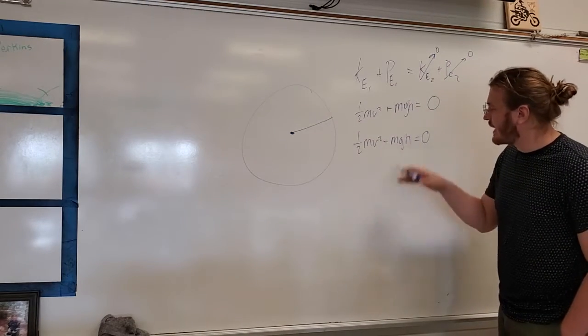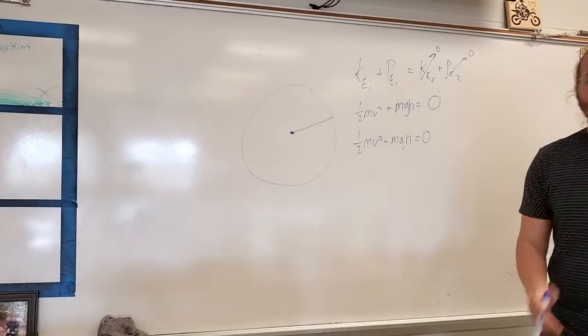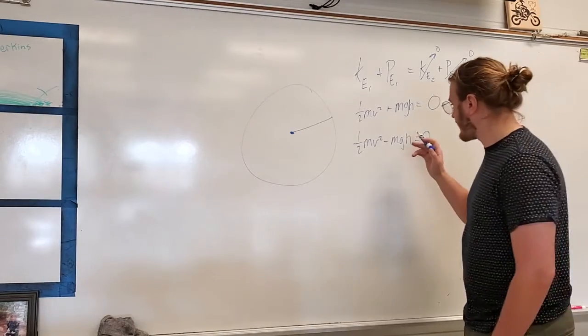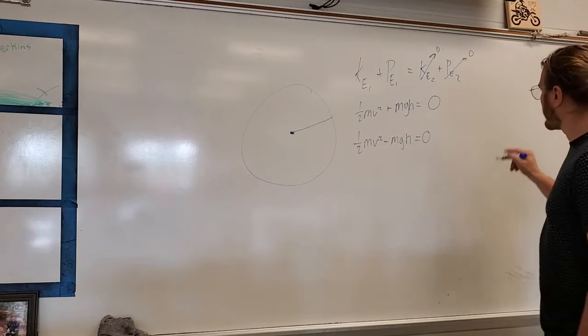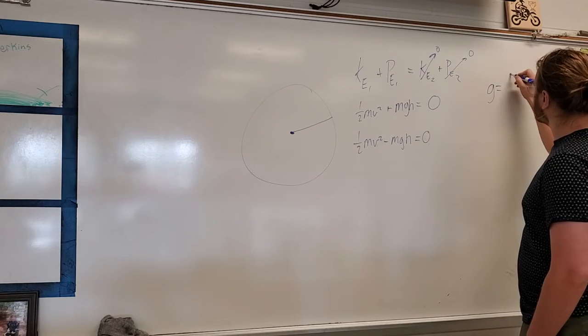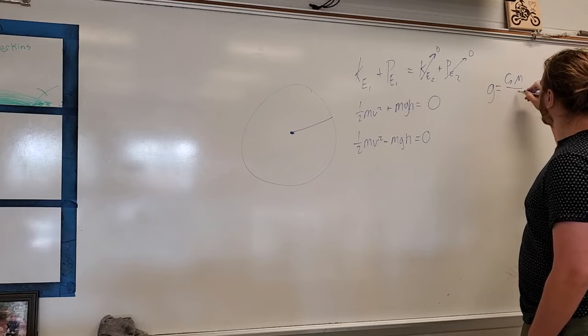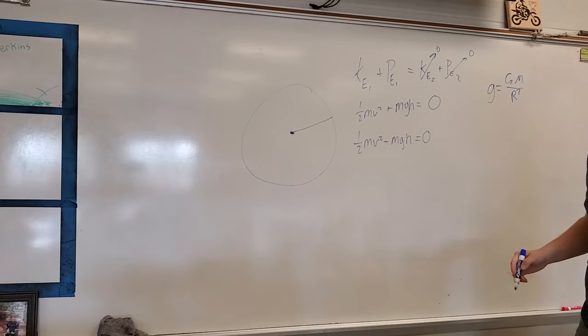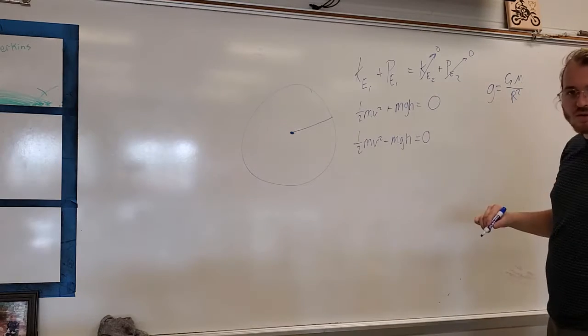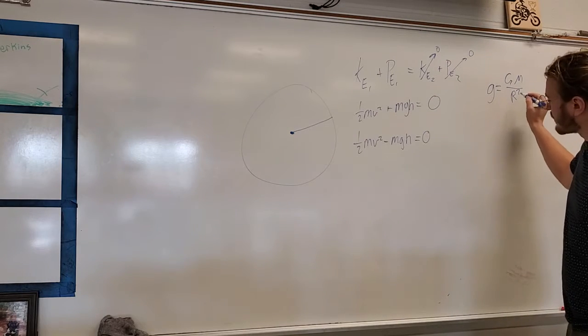So the kinetic energy minus potential energy is going to give us 0. Now, we need to put something else in here for g. Remember what we derived out earlier. We said g was equal to capital G, capital M over r squared. G is equal to the gravitational constant multiplied by the mass of the Earth divided by the radius of the Earth squared.